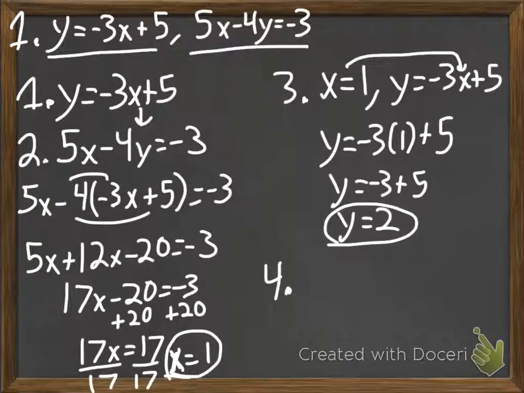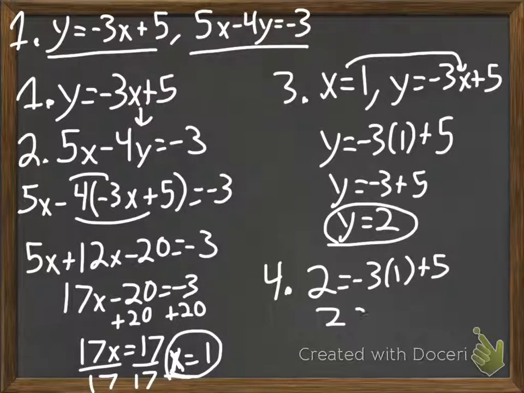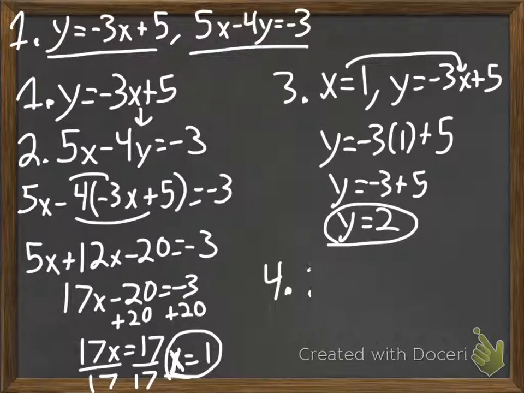So if my x equals 1, my y equals 2, I start 2 equals negative 3 times 1 plus 5. So I get 2 equals 2, so that works. And the last step is actually optional. You don't have to do it if you feel confident that you got your answer right, but I always suggest that you do it.